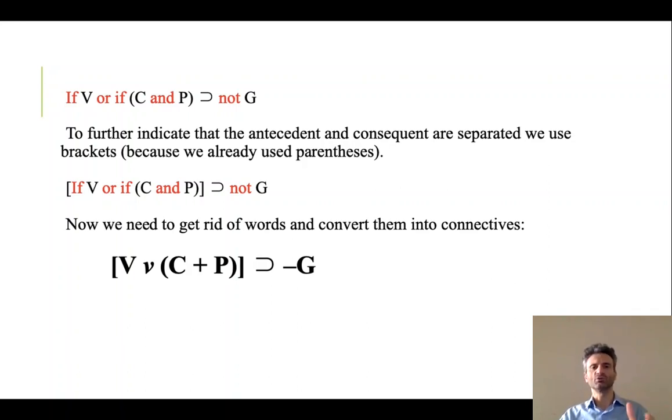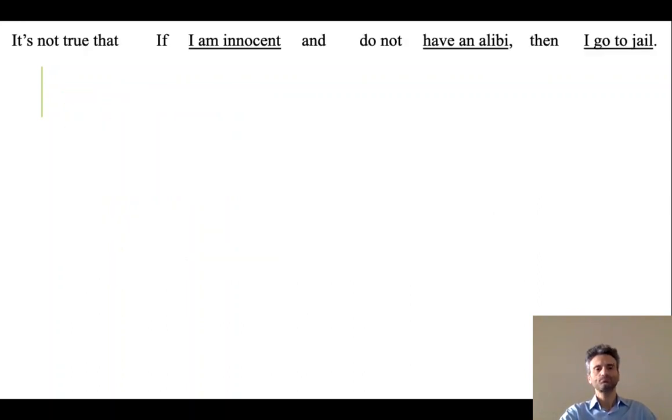I know you are students, you don't want to be logicians, you have other things to do, but what can I tell you? You signed up for my course, and this is what you get. But practice. There are many exercises in your textbook, so practice. Okay, one more example.